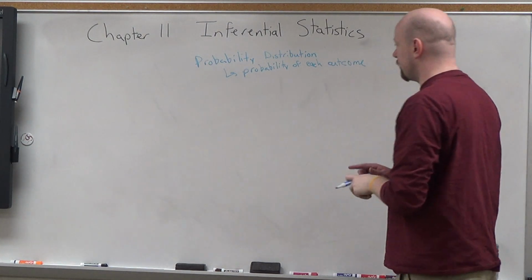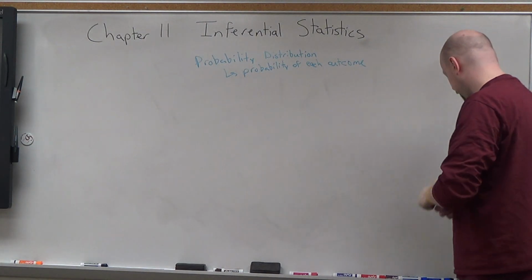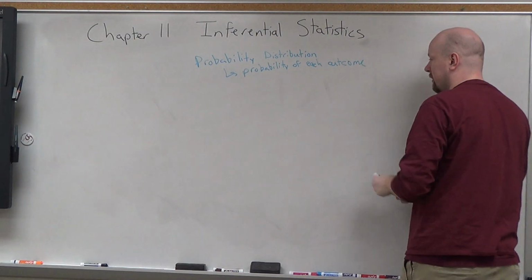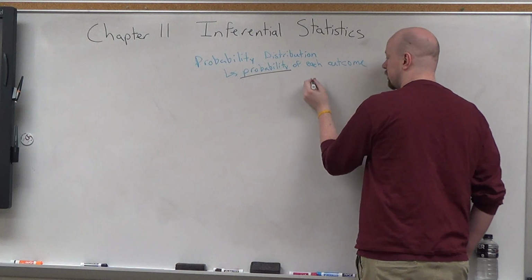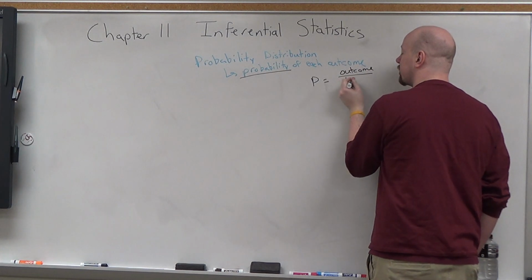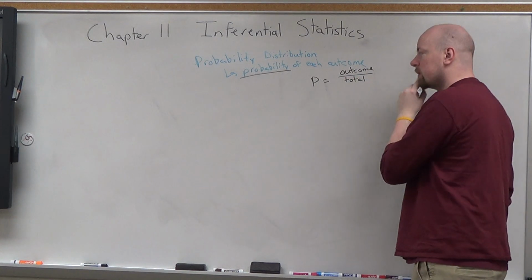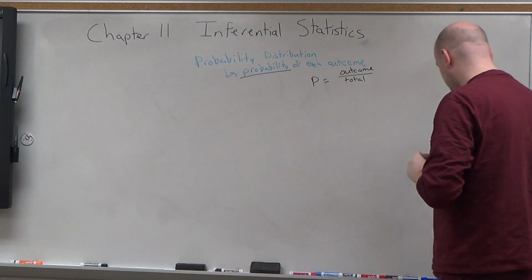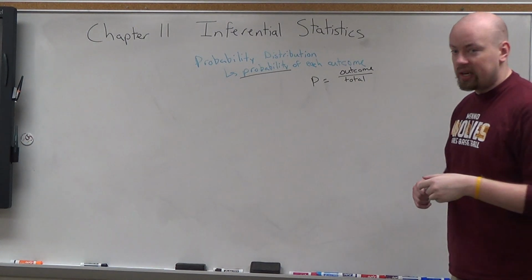Well, first we need to remember what probability is. Probability is our outcome over our total. So it'll make more sense if we just jump right into the example, I believe.